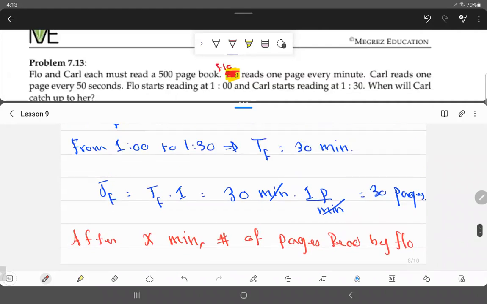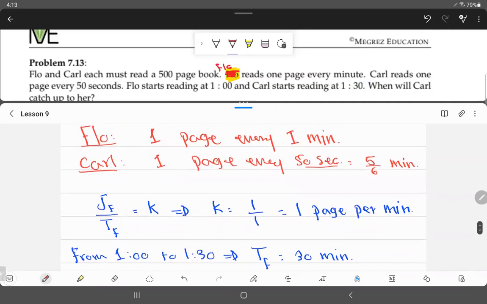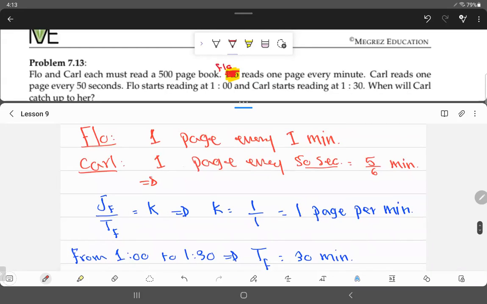Because, let me go back here. Look at this: JC over TC equals the rate, right? Sorry, this is 1 page, 6 over 5.